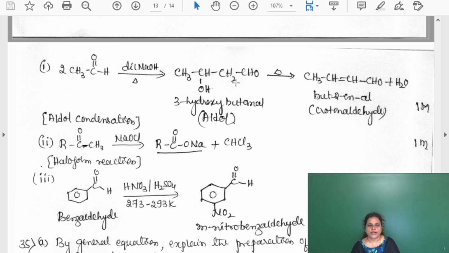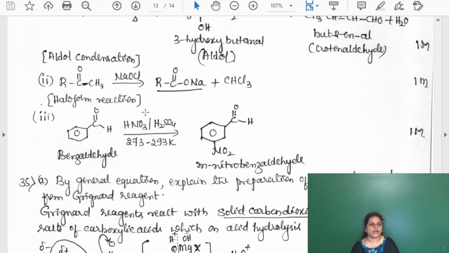You have to write only this product, 3-hydroxybutanal or aldol. If you write this product, that carries 1 mark. So the reaction is aldol condensation.